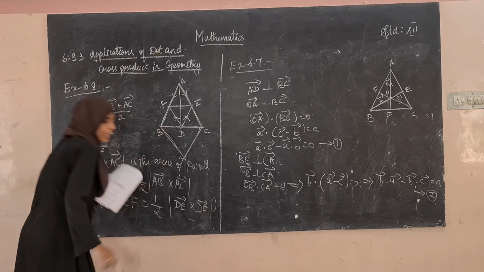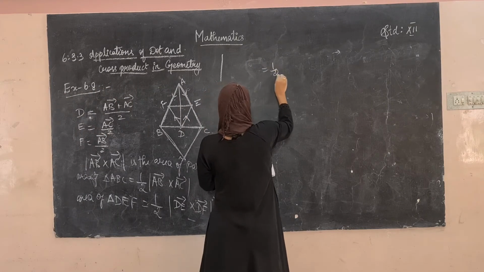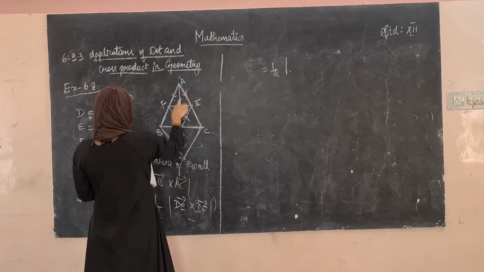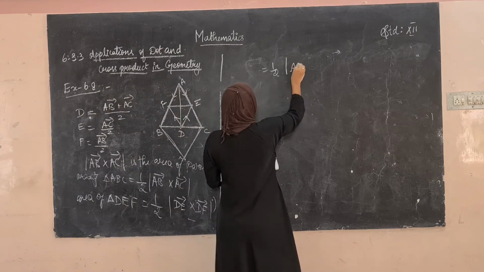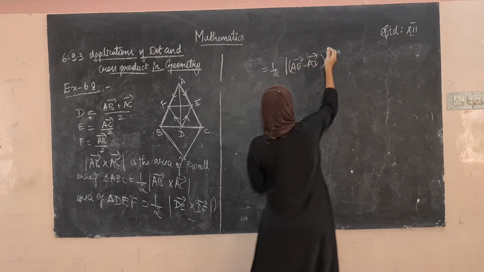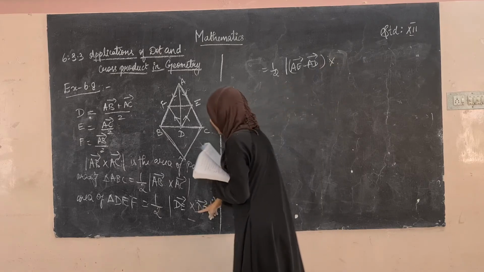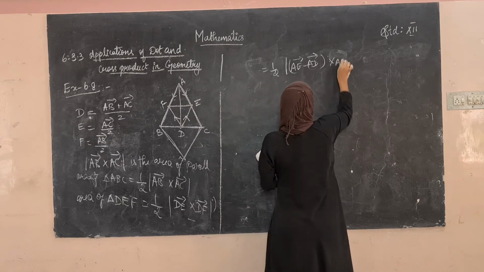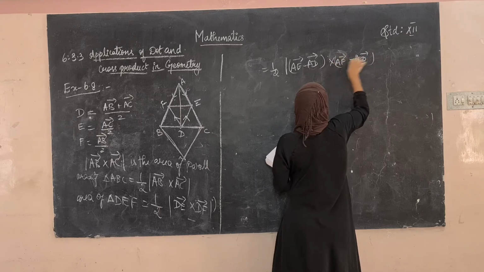So DE and DF can be written like this: 1 by 2 into modulus of DE, which is written as AE vector minus AD vector, cross, and again DF can be written as AF vector minus AD vector.